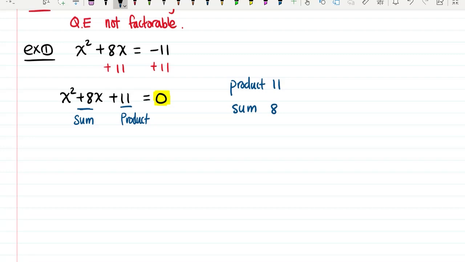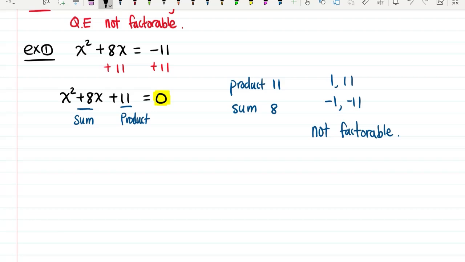Are there any two numbers that make a product of 11 and a sum of 8? 1 and 11, negative 1 and negative 11 are the only two choices, but none of these make the sum of positive 8. So this equation is not factorable, and we have to use CTS.